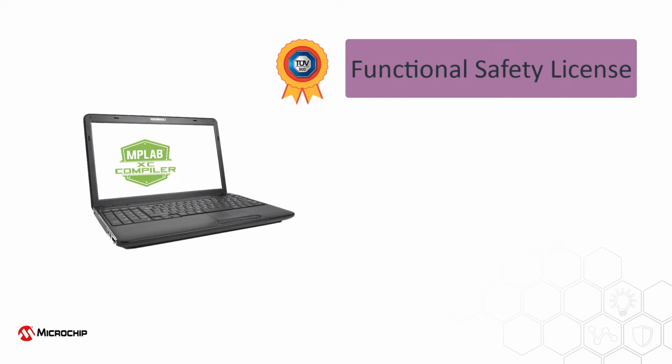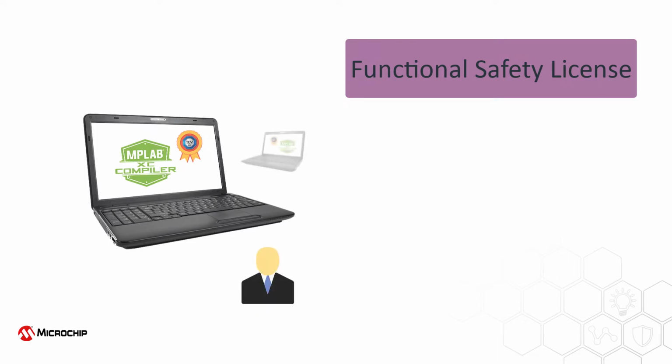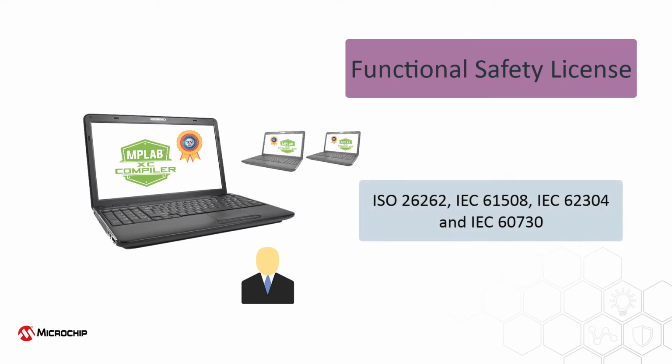A functional safety license allows the use of a special TUV SUD certified functional safety compiler version. A functional safety license has the same operating characteristics as a Workstation license, but includes all the documentation and reports needed for a fully qualified development environment, including certificates, functional safety manual, safety plan, and complete tool classification and qualification reports for many of Microchip's development tools.